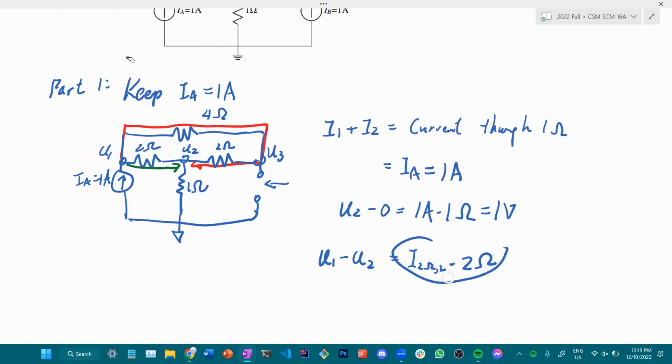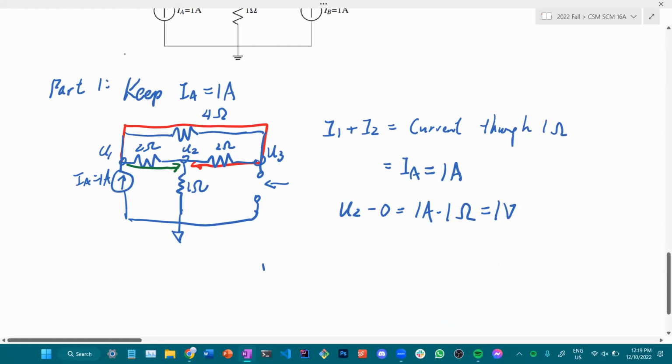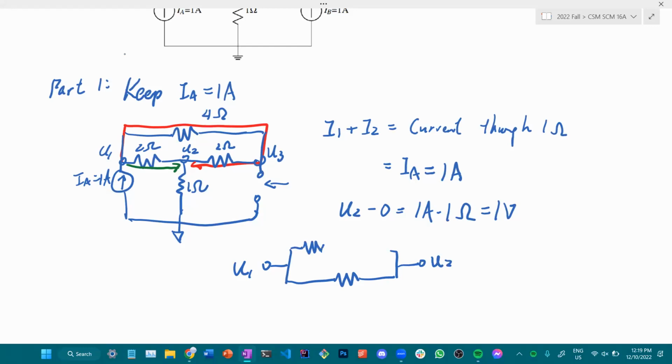Actually, it's not just that, because U1 itself is located way before the two loops. If I write out U1 and U2 here, it's going to look something equivalent to this, where I have 4 ohm here, I go to U3, and this U3 is still part of the wire. Then I move on to the right 2 ohm resistor, and here I have the left 2 ohm resistor. These two are equivalent structures between U1 and U2.